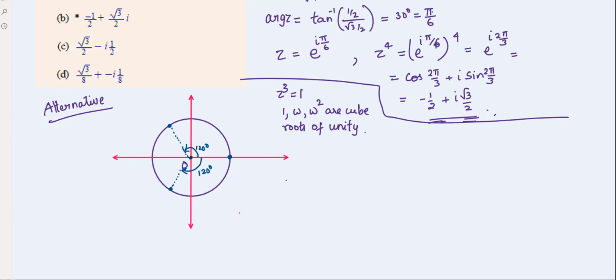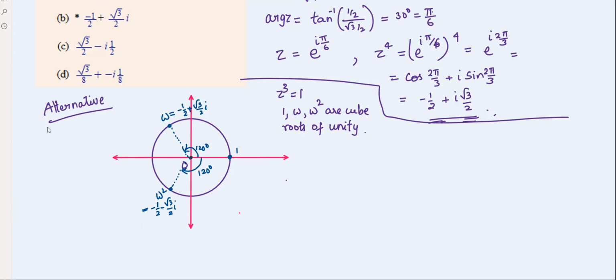They form an equilateral triangle, 1, omega, omega square. And this omega is minus half plus root 3 upon 2 i, and omega square is minus half minus root 3 upon 2 i. These are cube roots of unity.